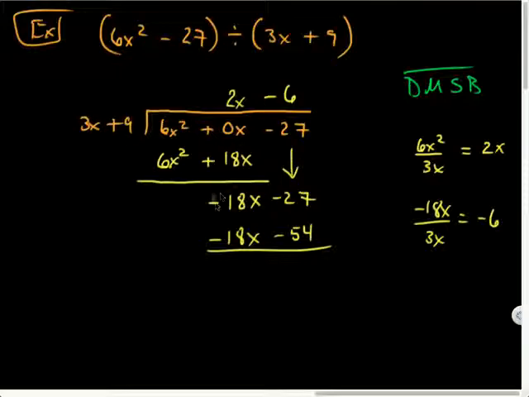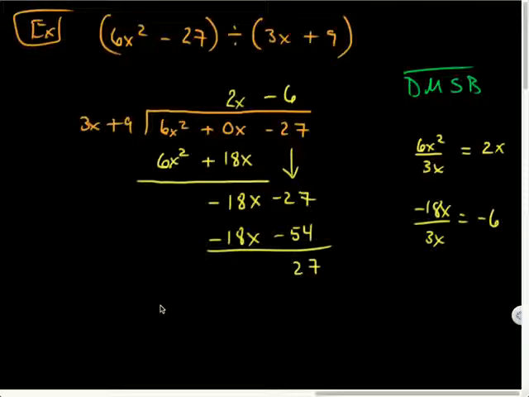Subtract. Negative 18 minus a negative 18 becomes plus 18. That's just 0. 0 x's. And negative 27 minus a negative 54 is plus 54. I think that's going to be positive 27 if I'm not mistaken, right?